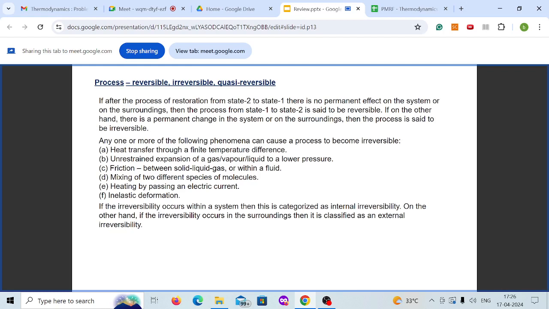So if you are starting with some state A, a process occurs and you reach some state B, and you can trace back to state A wholly, so that your surrounding and your system, everything changes back to state A, that is called reversible. And irreversible is something which you cannot make. So even if you go back, there would be a difference in what you started with.